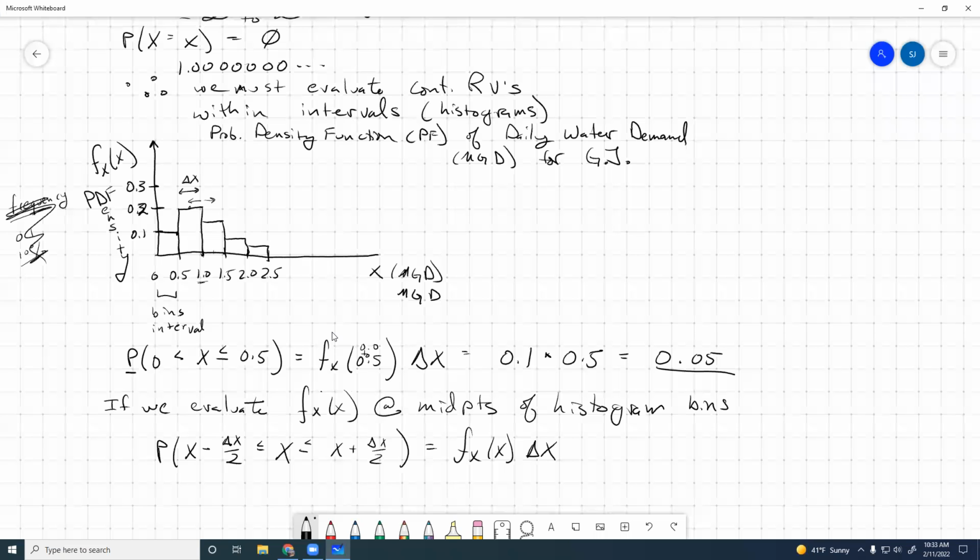That's essentially what we did right here. We just said, okay, we're interested in the probability that x takes on some value between these two bins. That's just equal to the probability density function between these two bins times the bin width. So all we did is move over to this point right here, and then look halfway this way and halfway this way.